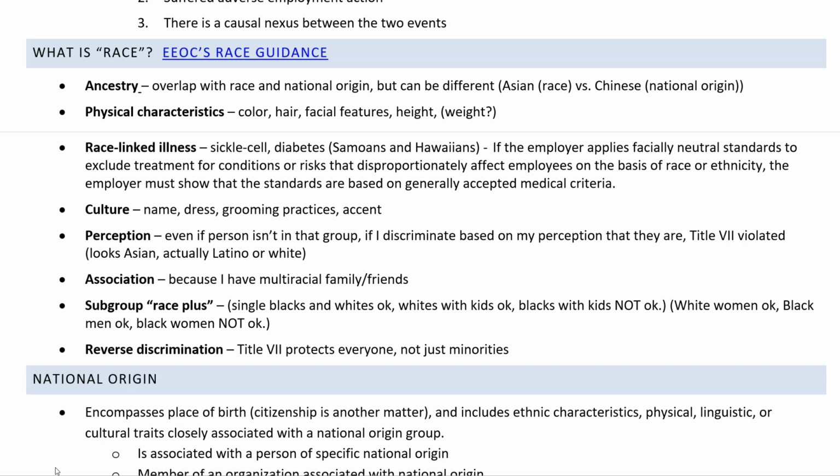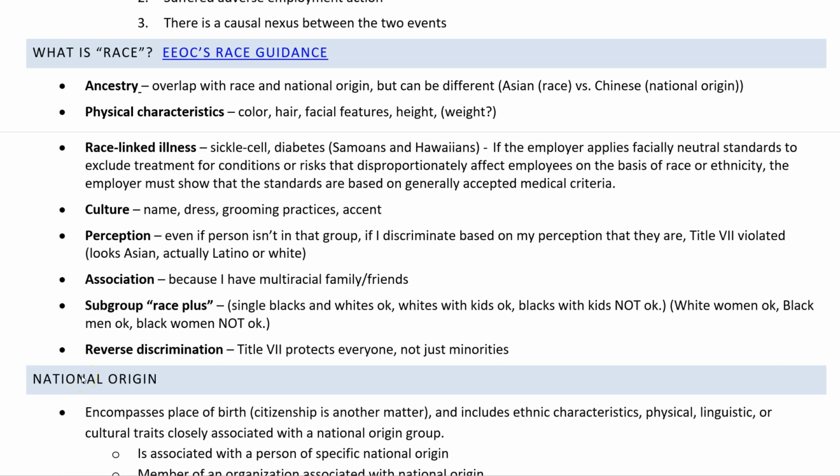For instance, I see a person that I think looks Asian and I discriminate against them because I have something against Asian people. It turns out that they're actually Latino or even white. I've still violated Title VII because I acted based on my perception. So they're still covered, even if it turns out I was wrong the whole time and I just got my discrimination mixed up.